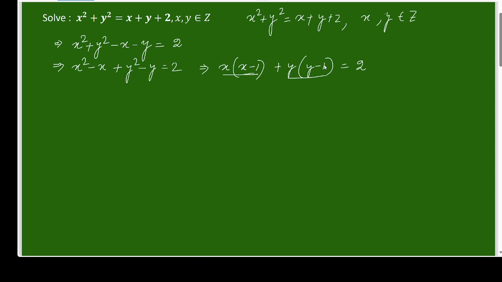For analyzing this, we should recall a fact that for any t belonging to Z, the product of t and t minus 1 is never negative. It may be zero or positive.